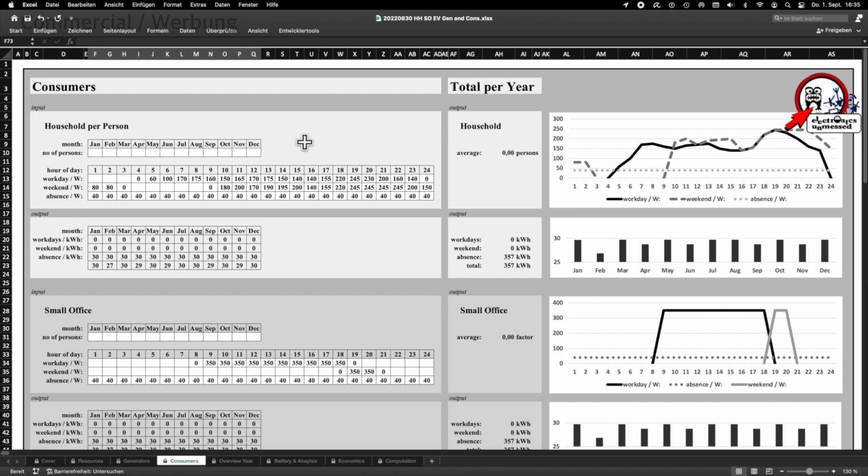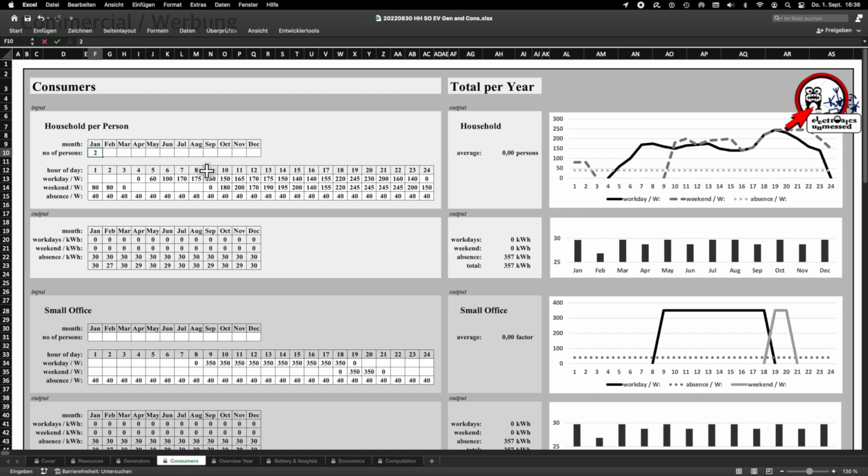We start with the household. The numbers that are populated already are derived from a so-called standard consumption profile for households in Europe. Utilities are using these for their planning as well, but of course you can adapt them to your local information. I introduced some slight improvements to the standard profile.